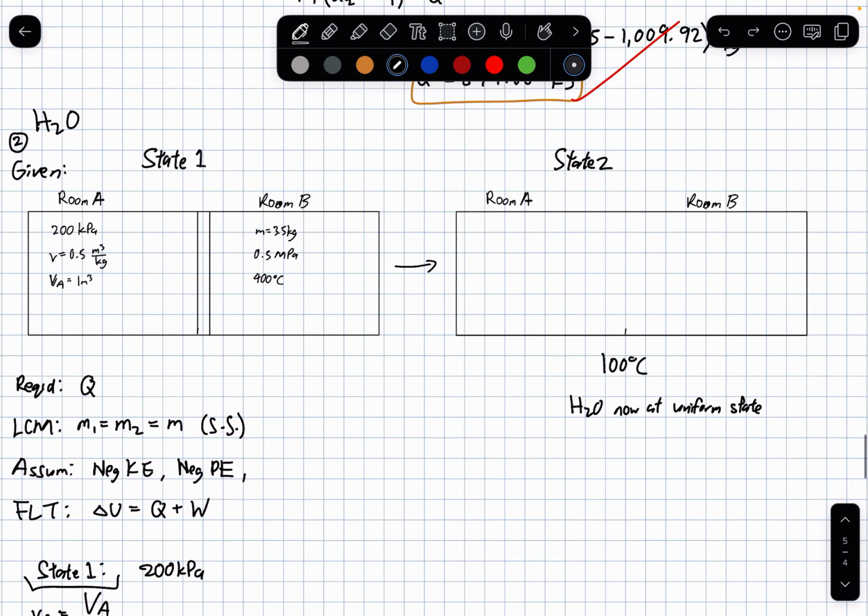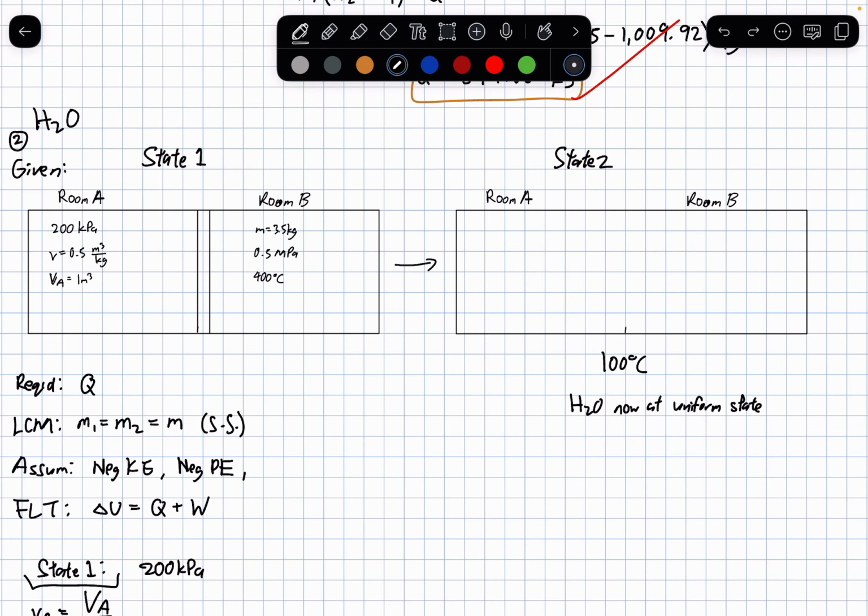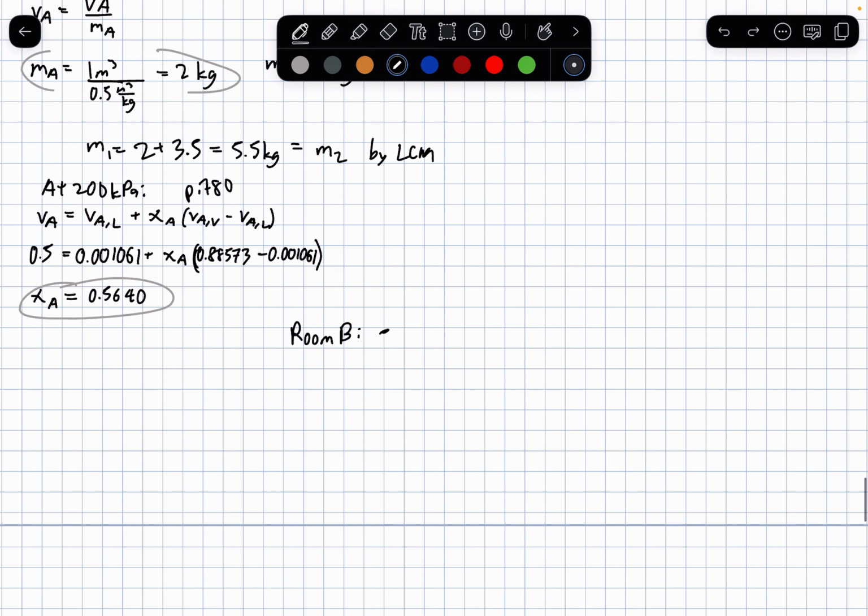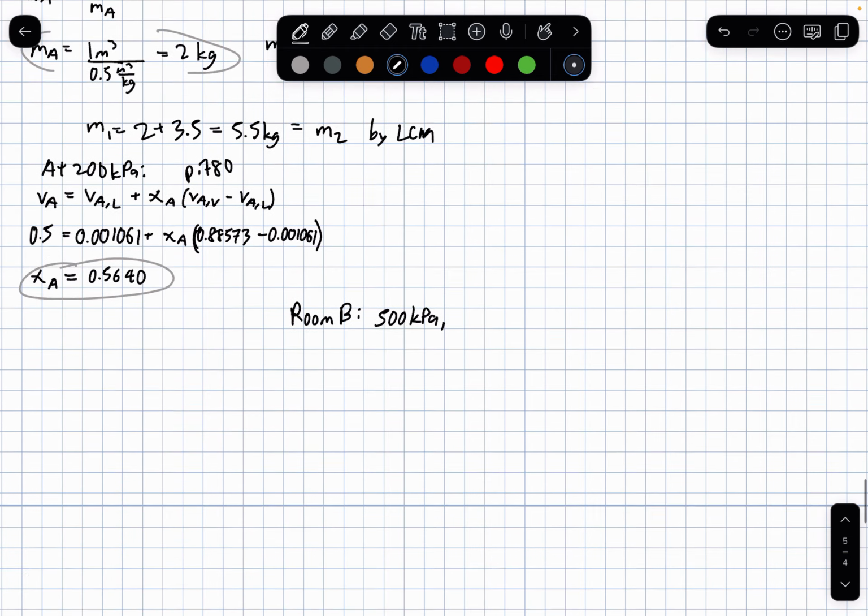What is 0.5 megapascal in kilopascal? 0.5 times 1,000, 500 kilopascal. What is the temperature? 400.